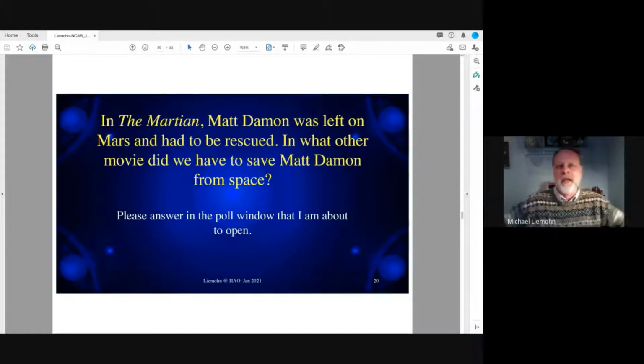They open the body bag and out pops Matt Damon, restored from deep freeze. Awesome. So yes, definitely he was saved from outer space there, but he was actually saved from outer space in Thor Ragnarok too. So that one is also correct. Anyone remember where he was in Thor Ragnarok?